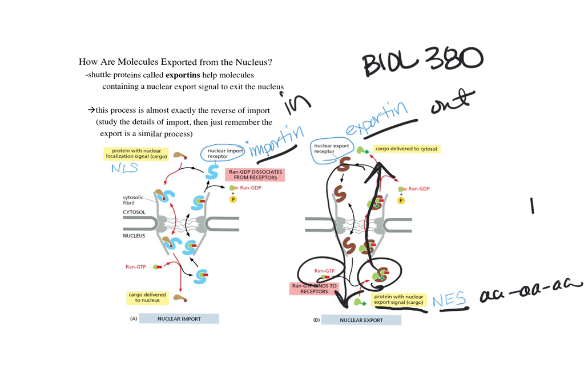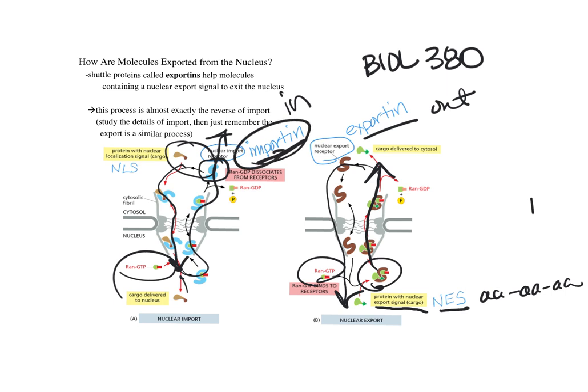So same idea. You want to come in, right? Here's that nuclear import receptor that we call importin, it gets together with the guy with the NLS, comes in, right? There's our GTP. We deliver it, and then that recycles back out. So same thing. No details except importin has to bind to the NLS guy. Exportin binds to the NES guy.